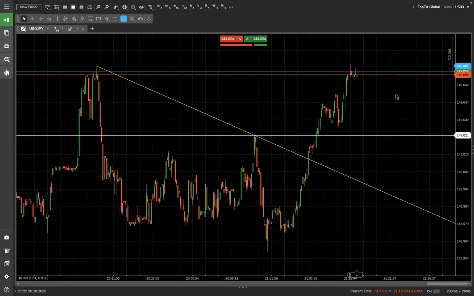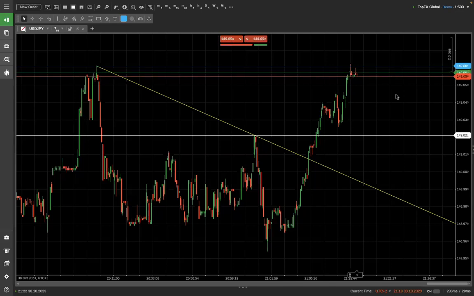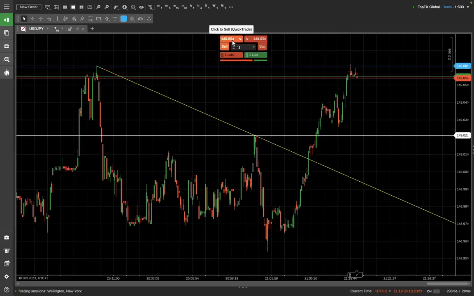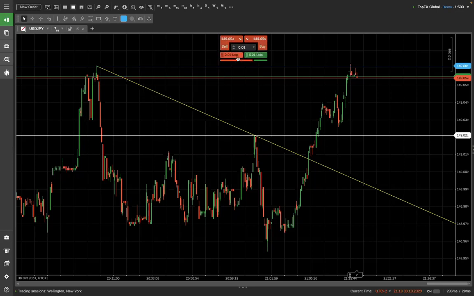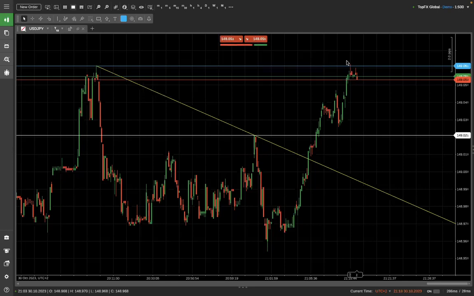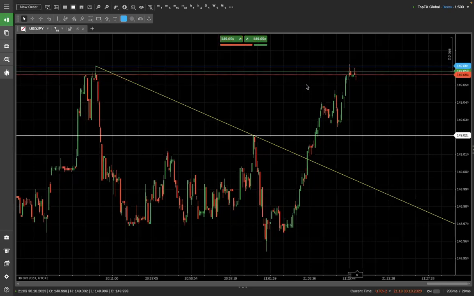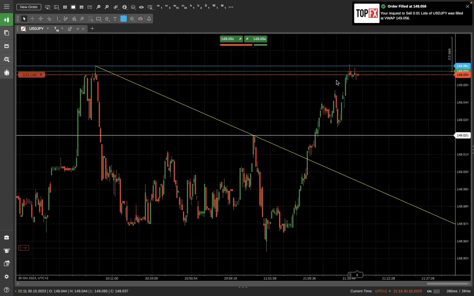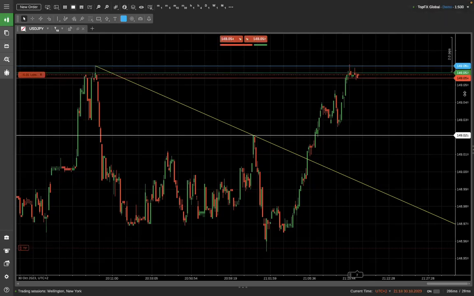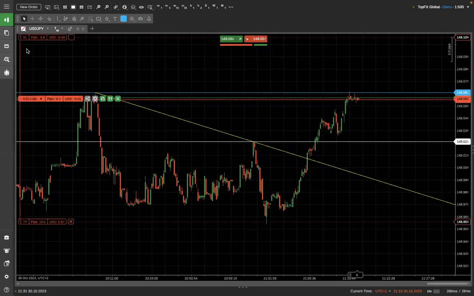Smaller positions can reduce risk. Smaller orders, let's say I'm right now trying one micro lot, and if I want to sell it because of this level here, is my trade open? I'm not quite sure. Okay, one micro lot, sell it. There you go, it's open now. And of course, I will try to keep my take profit very, very narrow if I want to trade like this, so just above this recent high.